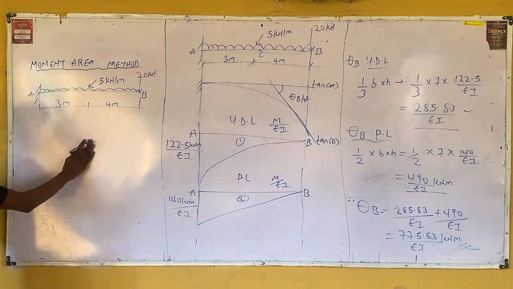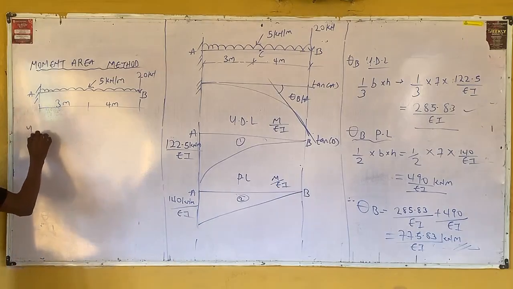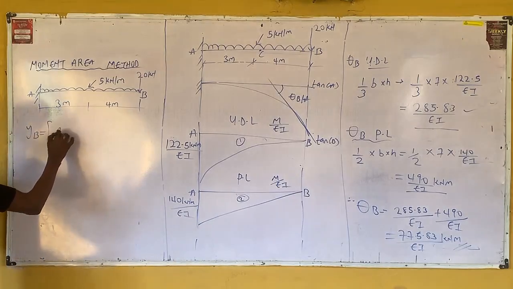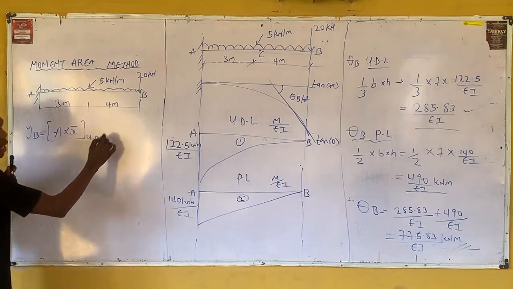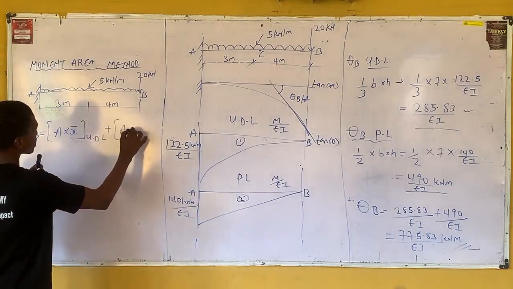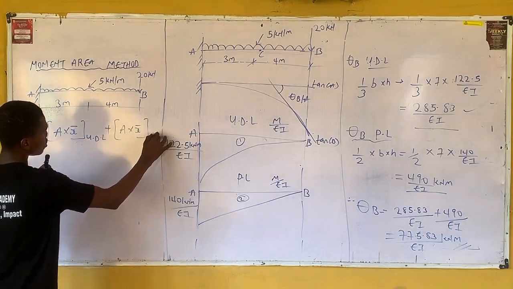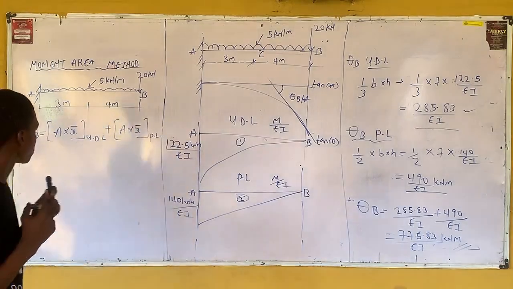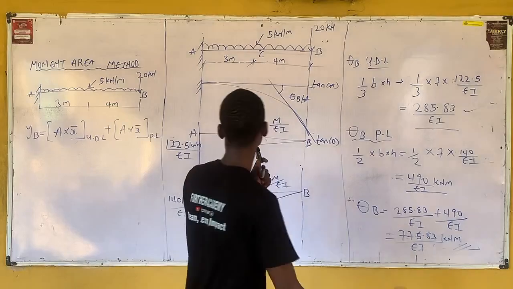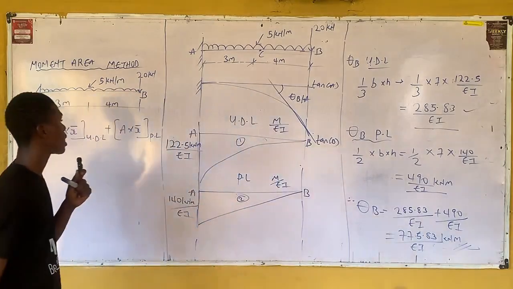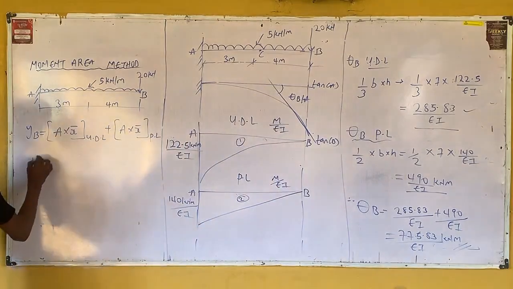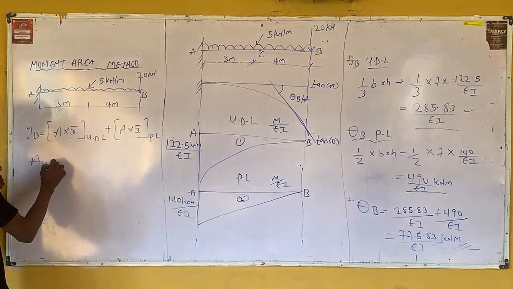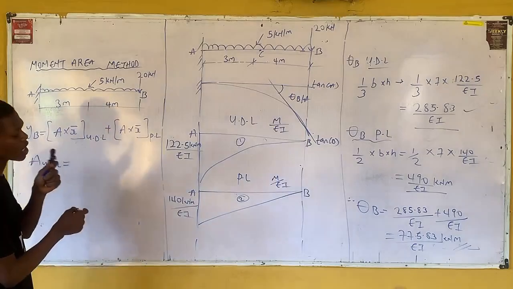Before that, the deflection at B, what will be the formula? Area times centroid due to UDL, plus area times centroid due to point load. And we've gotten the area. What's the area of our UDL?